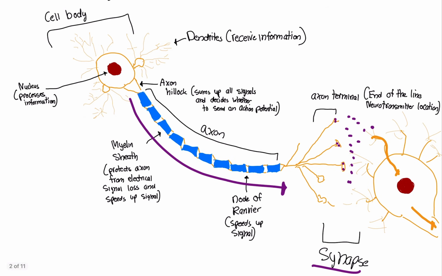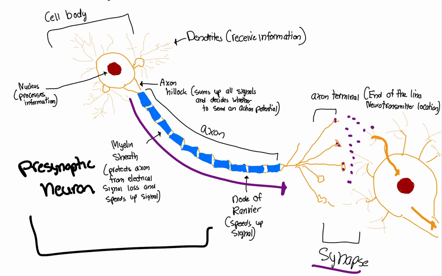So the first neuron in this stage is called the presynaptic neuron. We are before the synapse. This is the synapse right here, right? We are before it. So the neuron before the synapse is the presynaptic. This means the one after the synapse is the postsynaptic.